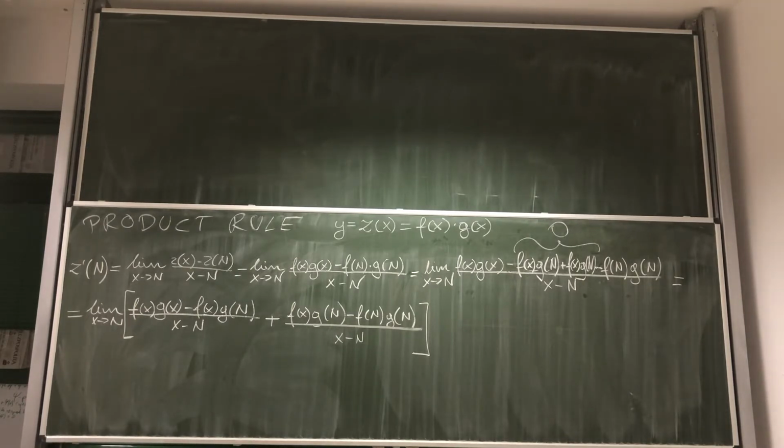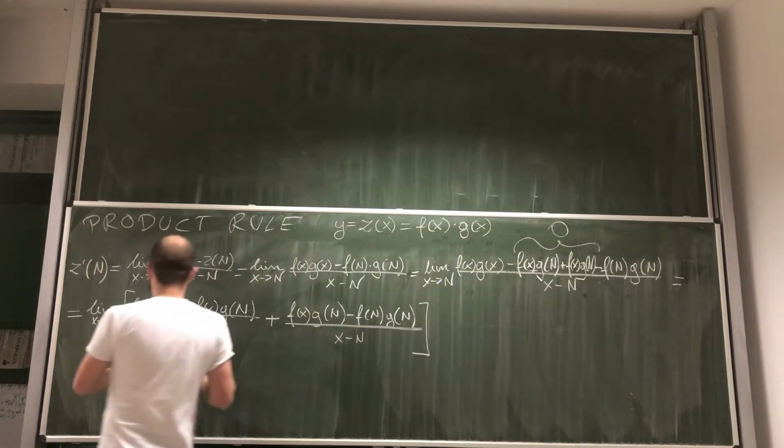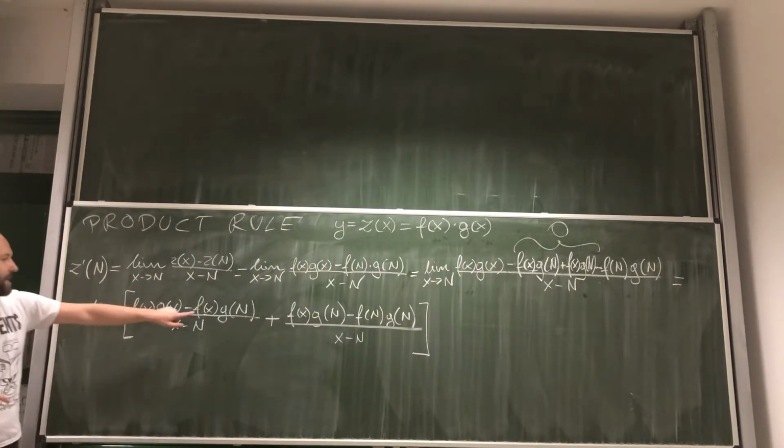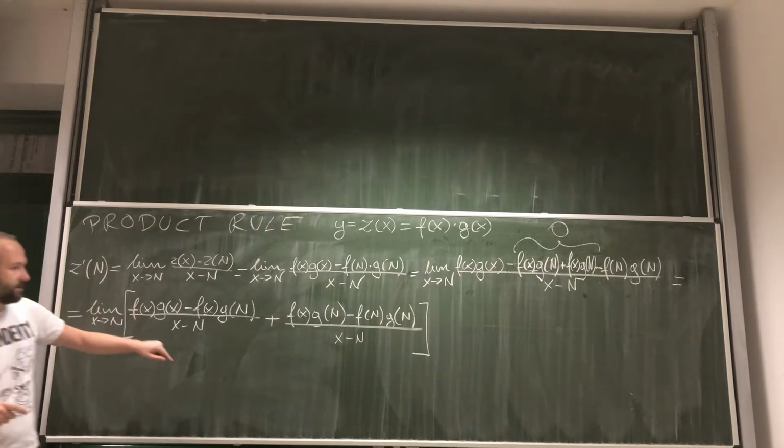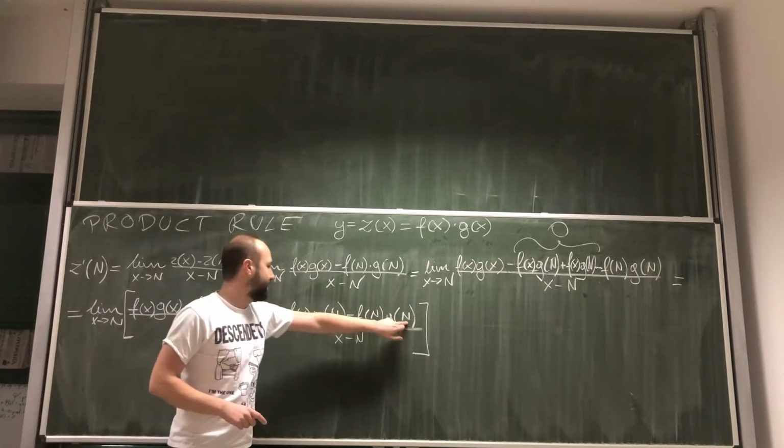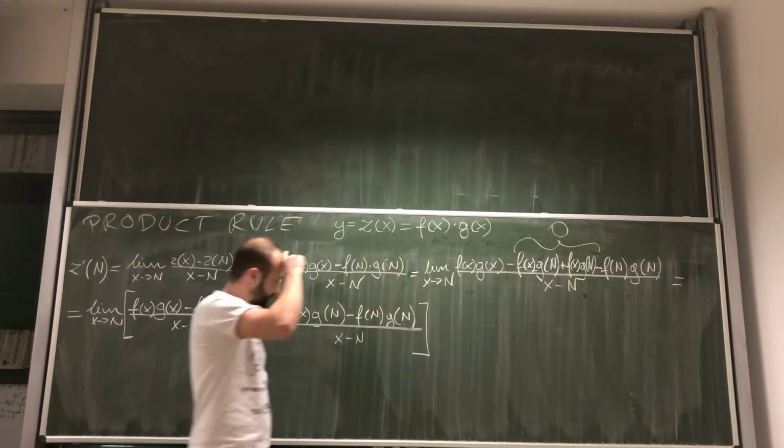Now, what else can we do? I, for example, can take the common part, f of x, out of these two expressions, and the common part, g of n, out of these two expressions, right?